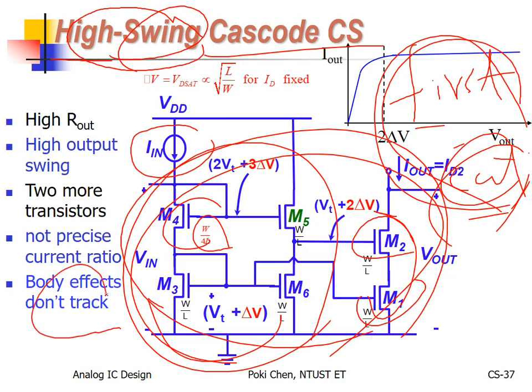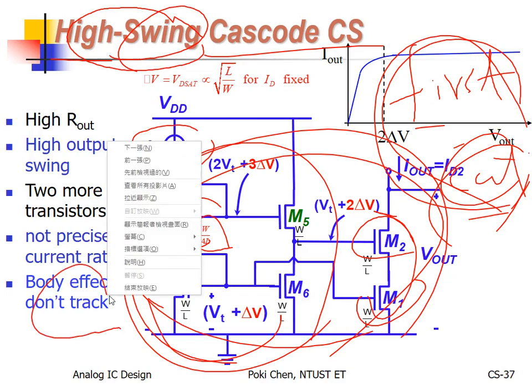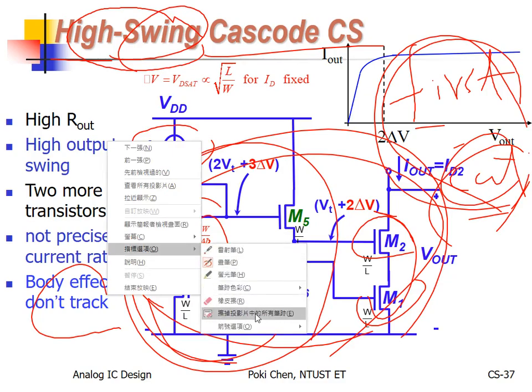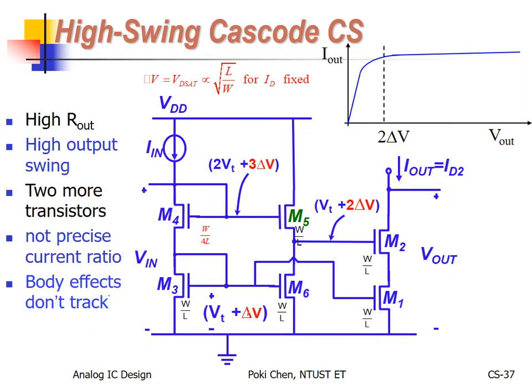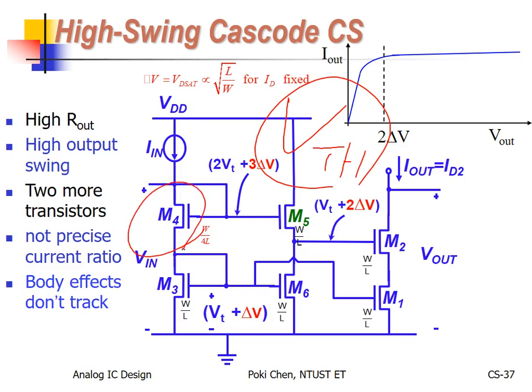Oh, it's really troublesome. How to track the body effect? Because I told you already, we put almost all the blame on VTH. Body effect is one of them. If you have body effect, and the body effect of M4 and M2 are not the same, then forget about what will go wrong.